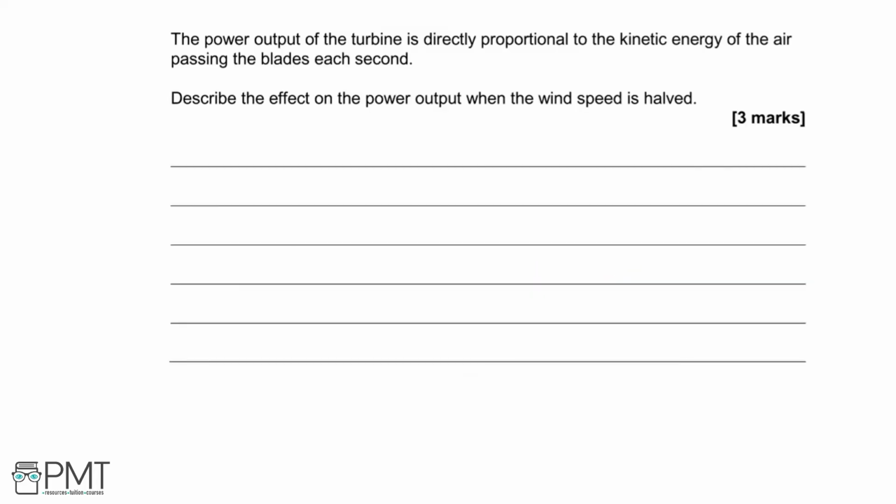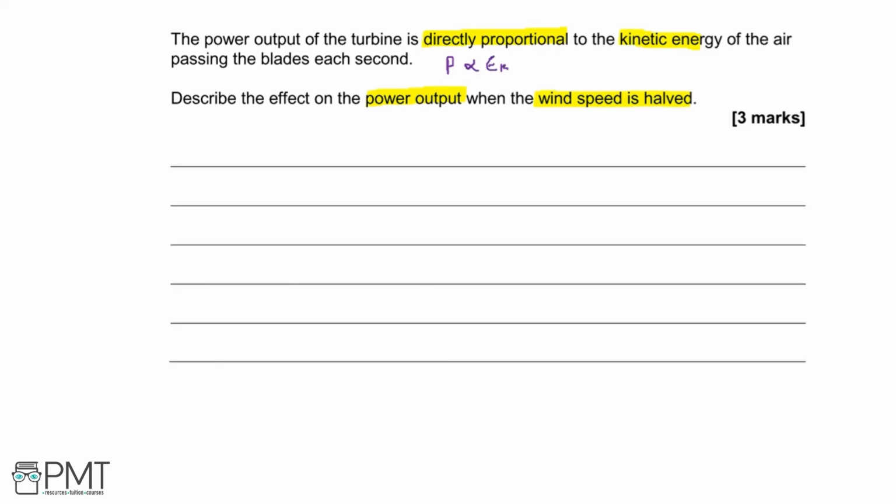The power output of the turbine is directly proportional to the kinetic energy of the air passing the blades each second. Describe the effect on the power output when the wind speed is halved. So the first thing to notice here is that we're told the power is directly proportional to the kinetic energy of the air.